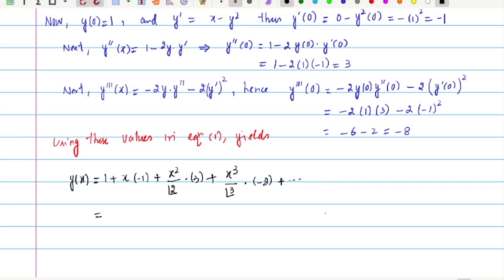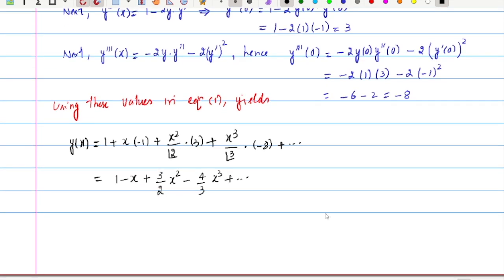So finally we can write this as 1 minus x plus 3 divided by 2 x square, then minus 8 by 6, which can be written as 4 by 3 x cube, plus so on. So this is our solution, which is actually a series solution obtained by the Taylor series method.